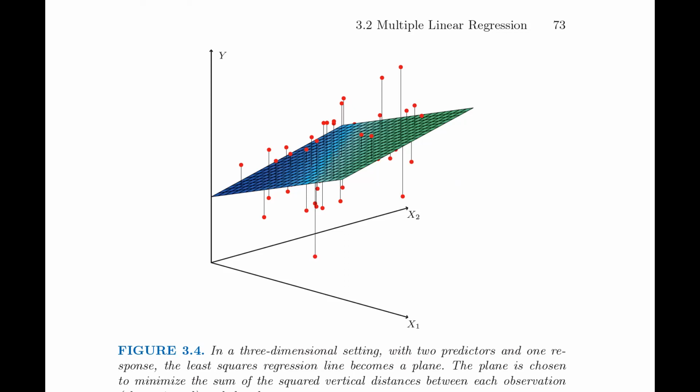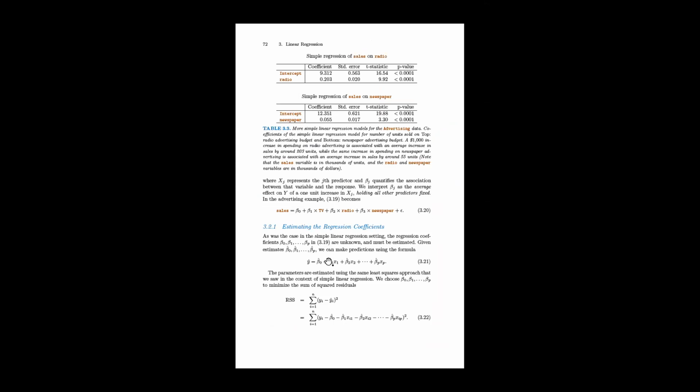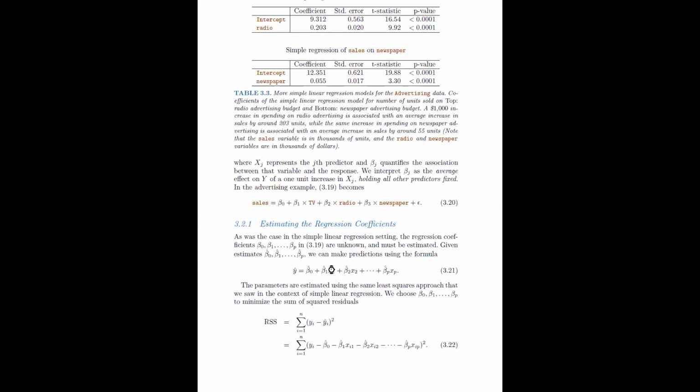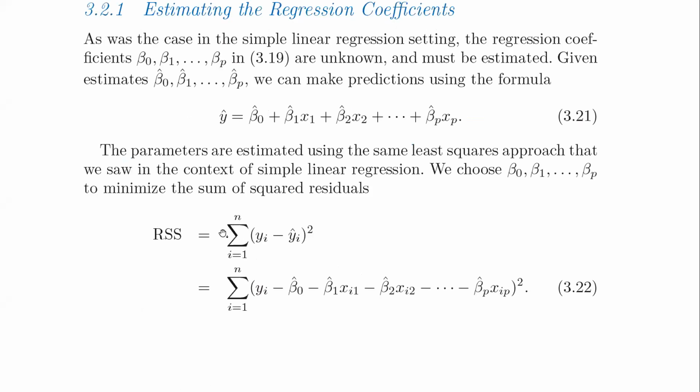My mind doesn't do a good job of visualizing such a coordinate system, but we're extending in the same kind of way from passing a line to passing a plane through our data. We're going to use least squares to minimize the residual sum of squares.